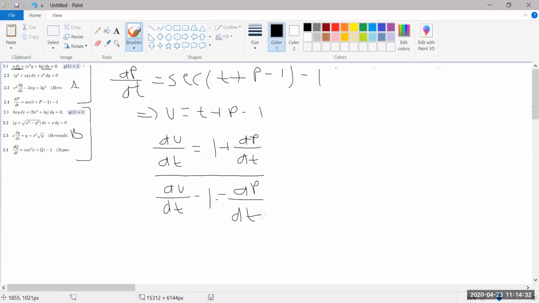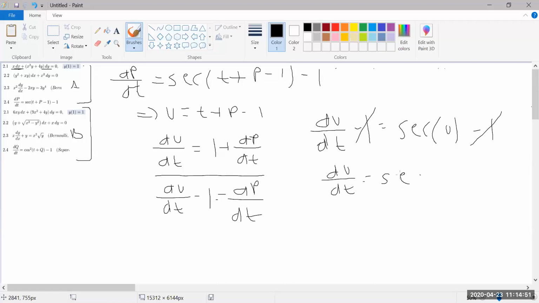Okay, so now we can directly substitute. So we get du/dt minus 1 equals our secant of u minus 1. These minus 1s go away. So your du/dt equals your secant of u.